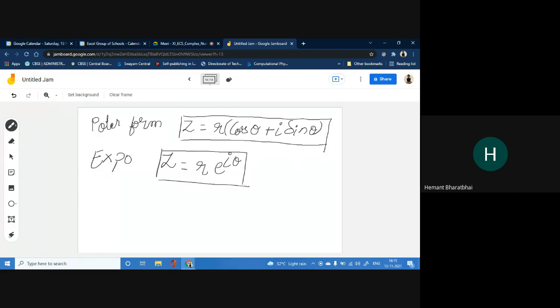It is called exponential form because e raised to x is called an exponential function. Whenever you write e raised to something, it is called exponential. So what is this e raised to i theta? It can also be written as cos theta plus i sin theta.